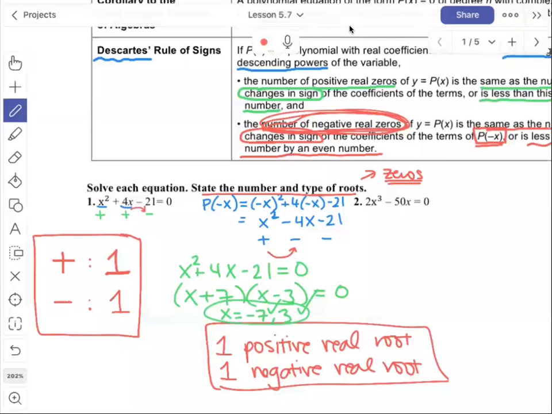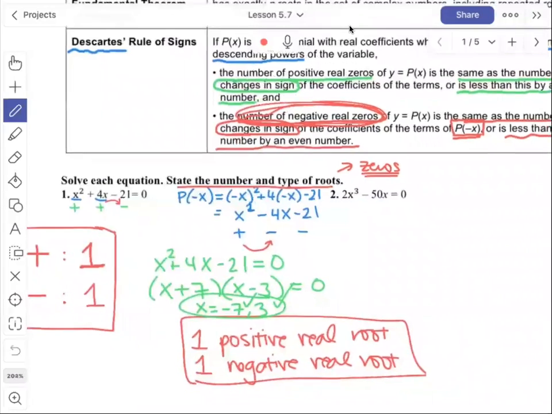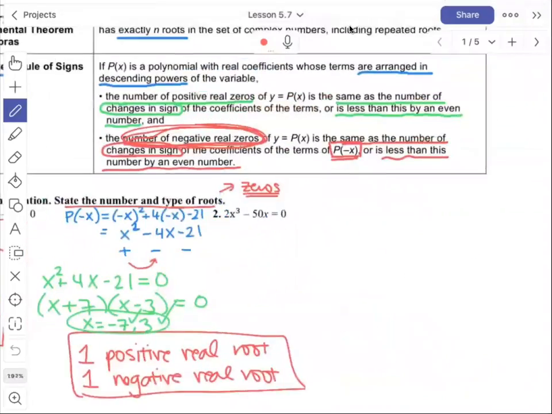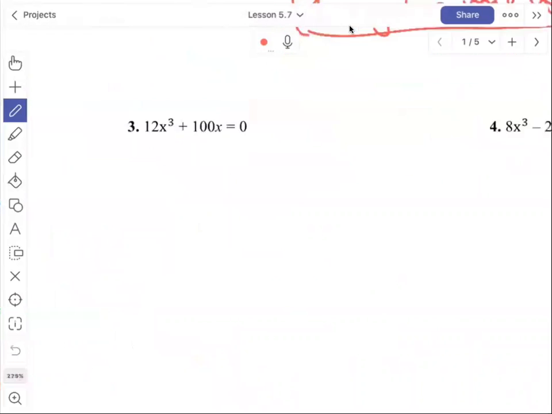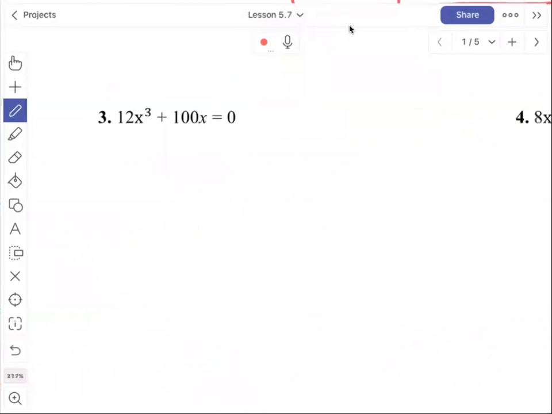Okay, let me show you another one. Let's jump to number 3. All right, so number 3, I'm going to do the same thing. I'm going to look at the number of sign changes.